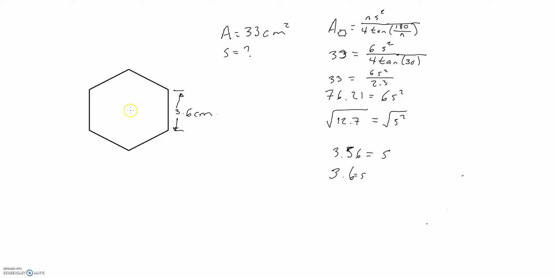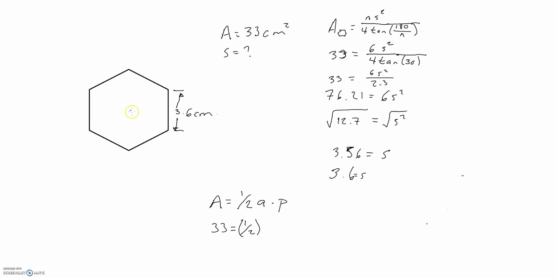As far as going from the center out and actually sketching this out, you also have this equation that the area is equal to 1/2 the apothem times the perimeter. Okay. And since we know the area is 33, 1/2 times the apothem.